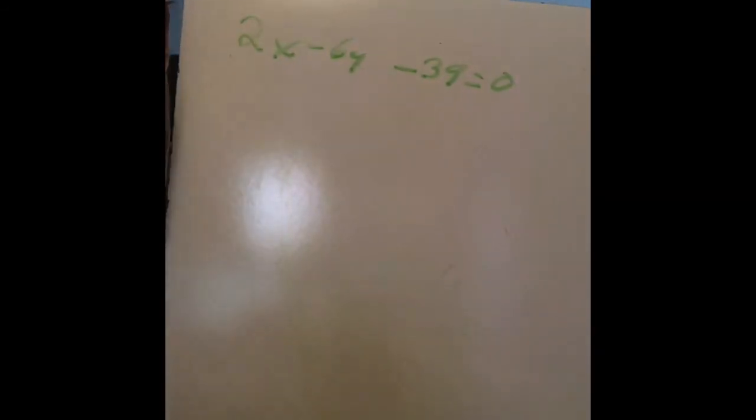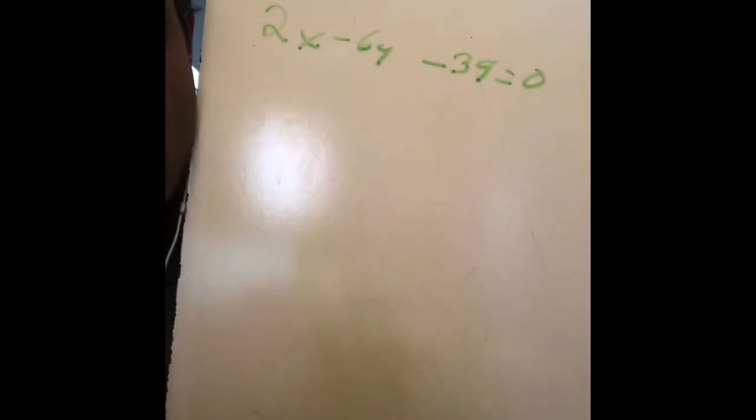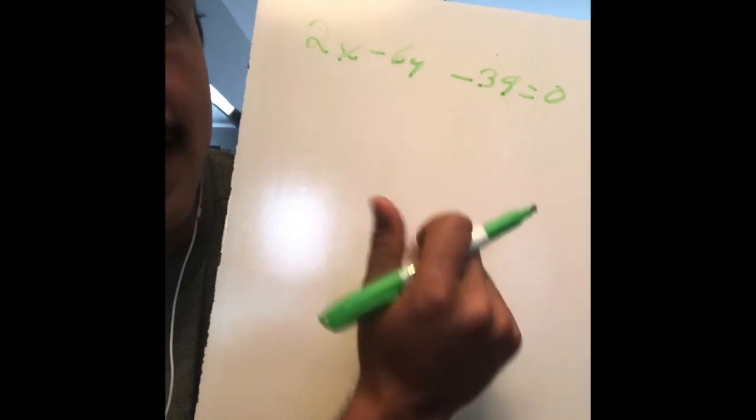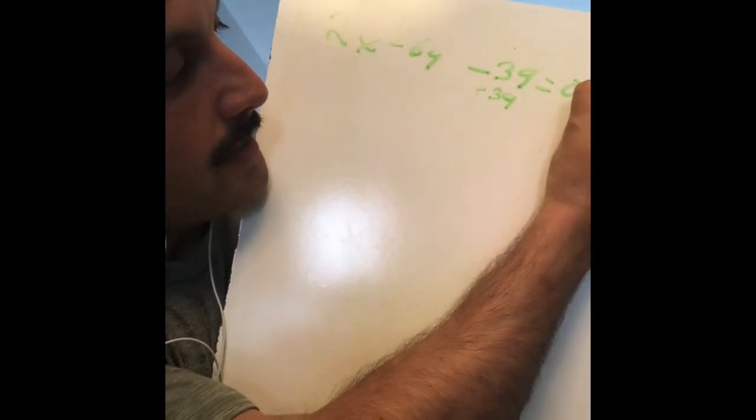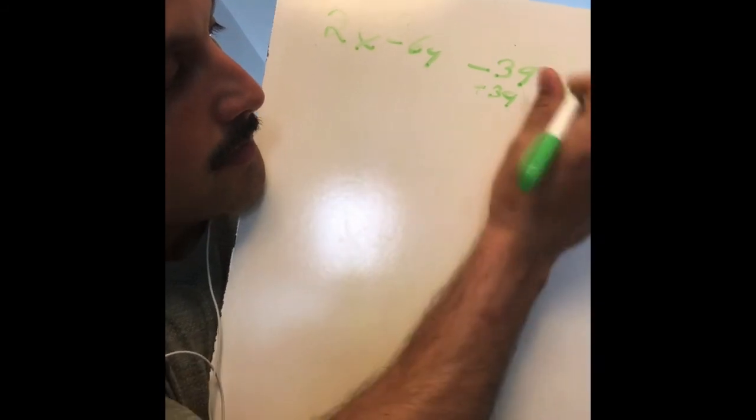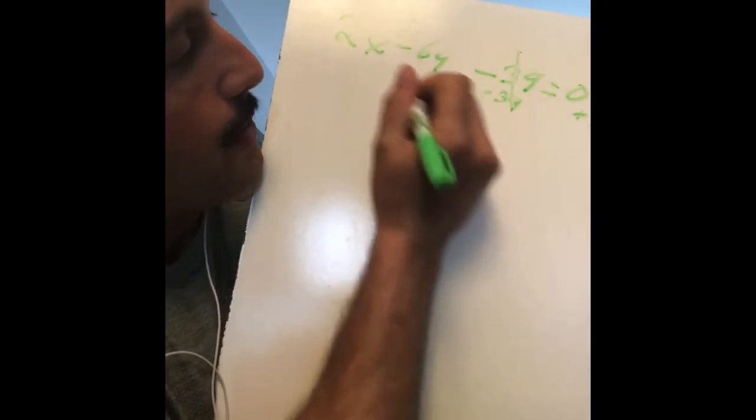So I'm going to do that by moving the 39 to the other side. So let's add 39 and add 39. That's going to cancel out, and we get 39 on the other side.